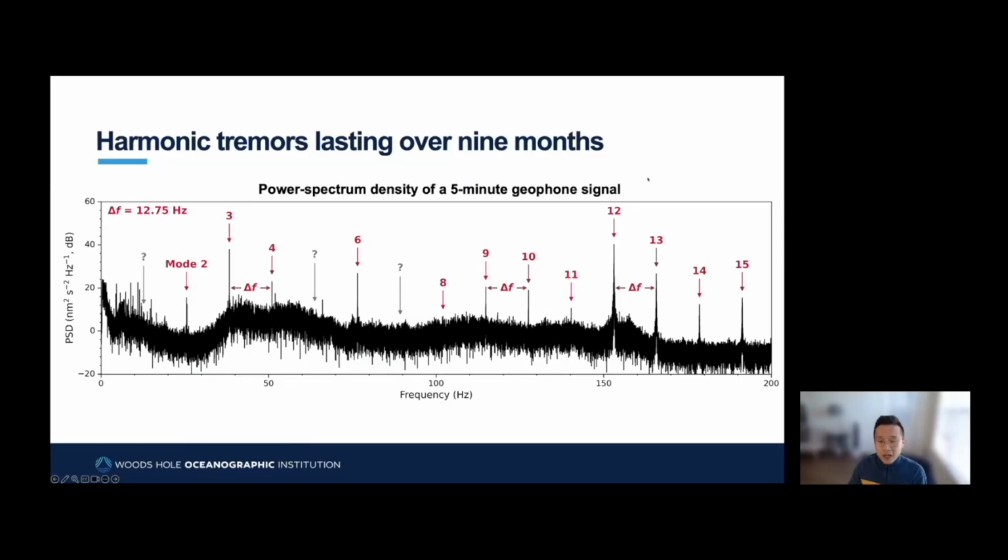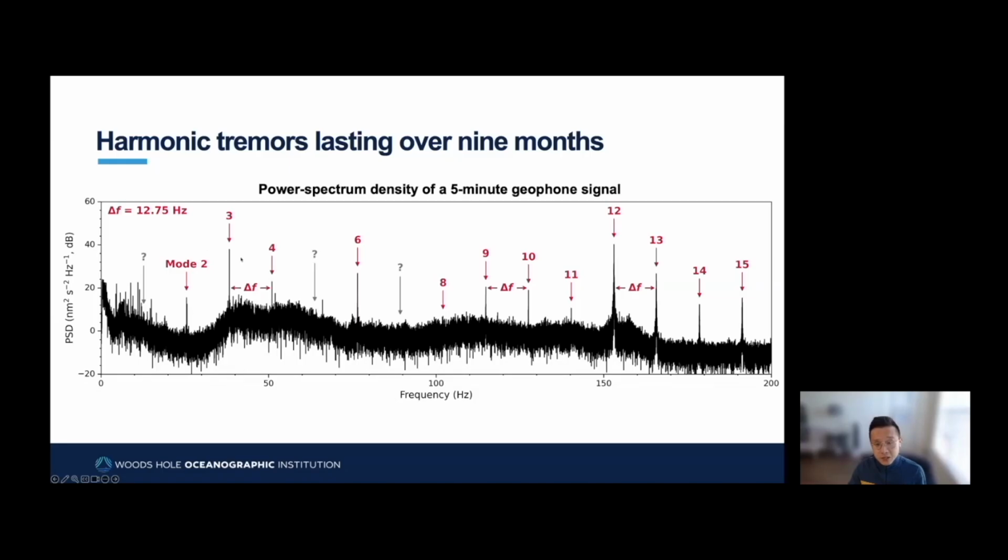And in this data, we see an intriguing series of harmonic tremors. We call it harmonic tremors because its power spectral density, which is basically a Fourier transform of a segment of the time series, consists of a series of very narrow spectral peaks whose frequencies are integer multiples of a fundamental frequency.